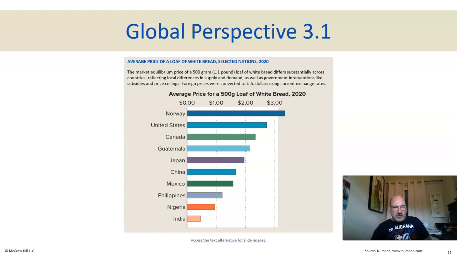In the US, it's somewhere over $2.50. Canada, a little bit over $2. Guatemala, just a tad over $2. Japan, just under $2. All the way down to India, which is somewhere under 50 cents.